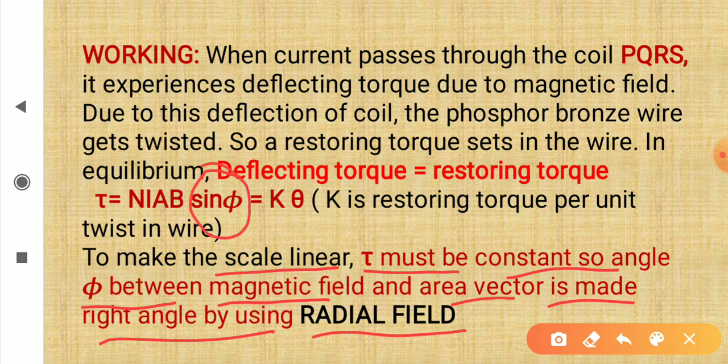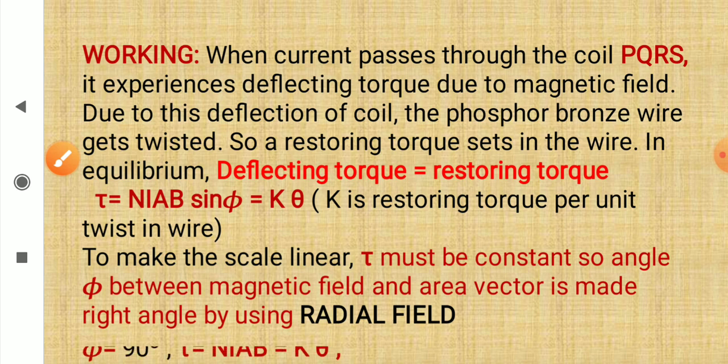If somehow this phi is made 90 degrees, the value of sine phi becomes 1 and the torque becomes NIAB, constant. The right side is K theta, so it will make the scale linear. How it becomes so, let us look at the next page.